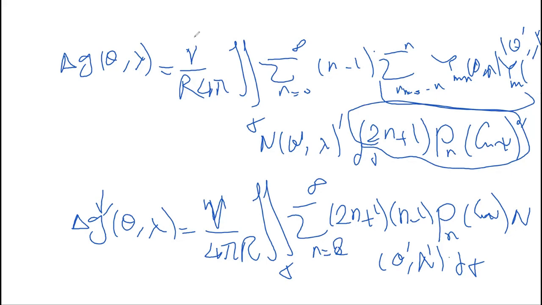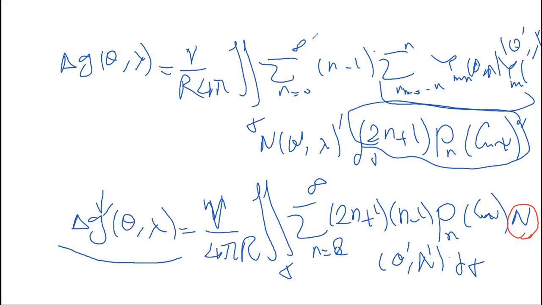And as you see here, on the left side we have the gravity anomaly, and on the right-hand side we have an integral involving N. If you have N from satellite altimetry, you can insert it into this equation to get the gravity anomaly.